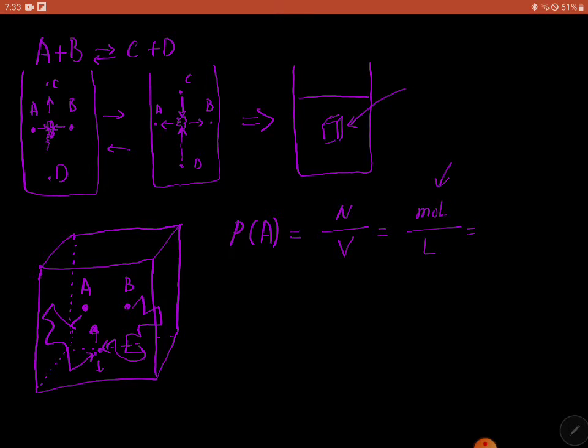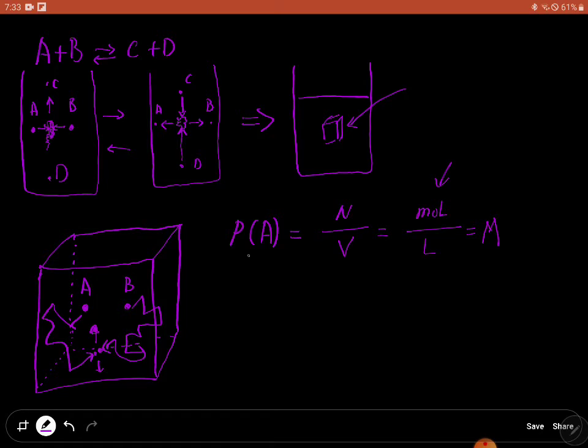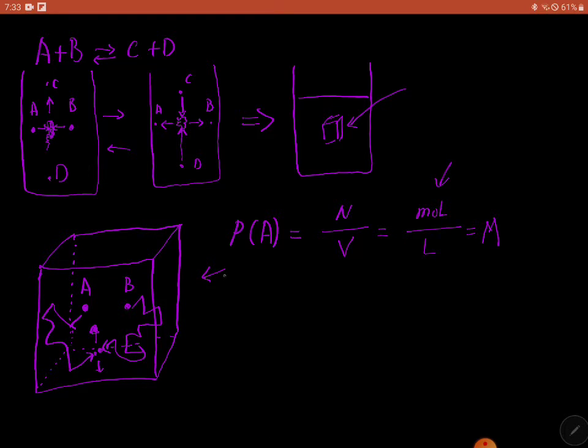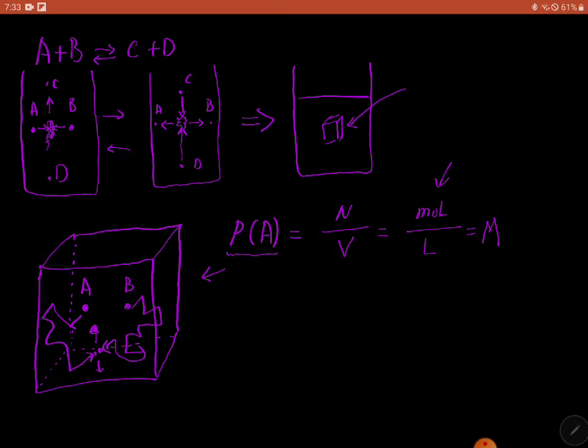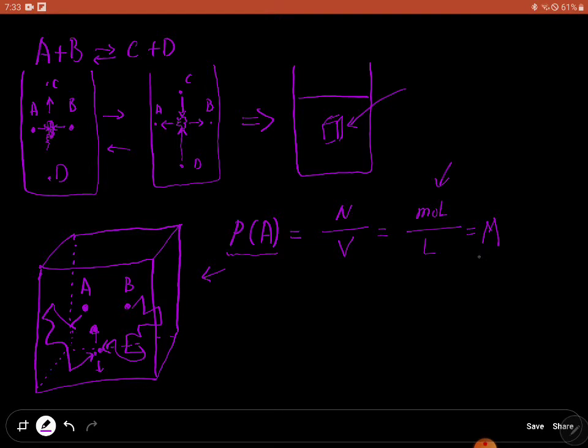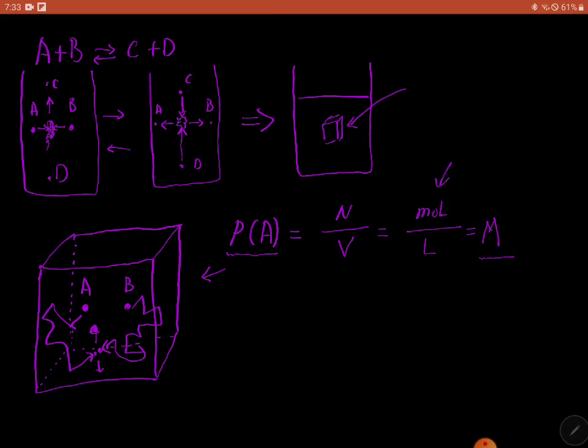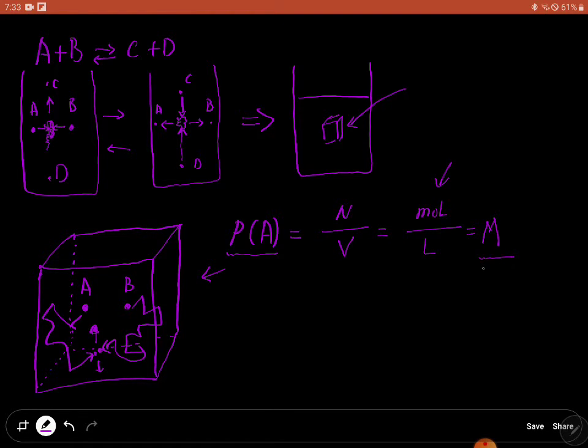Yes, that is molarity. Let me write M. So in math, the probability that element A is present in a certain space, we write P_A. But in chemistry, it is represented by the molarity, how many elements are placed in a certain area.